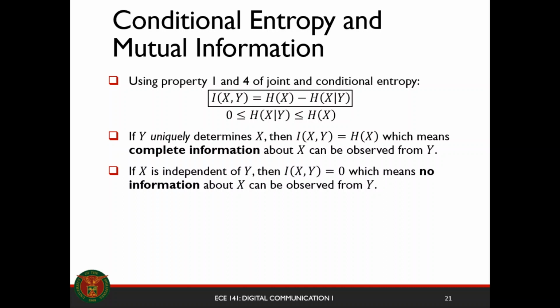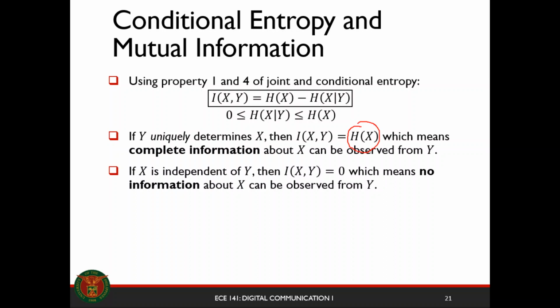So now let's look at the relationship of conditional entropy and mutual information, using property 1 and property 4. Property 1, the mutual information is equal to this. Property 4, your conditional entropy is bounded by 0 and the self entropy of x. If y uniquely determines x, rather, I of x, y becomes H of x.